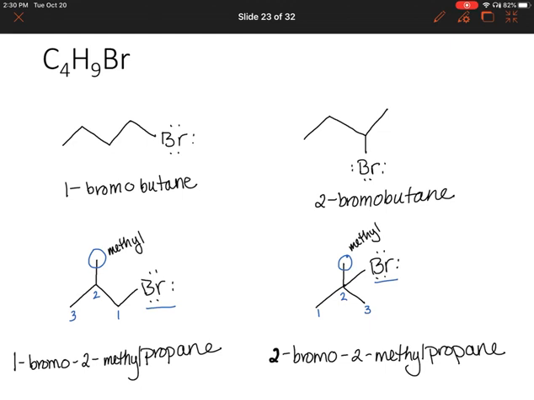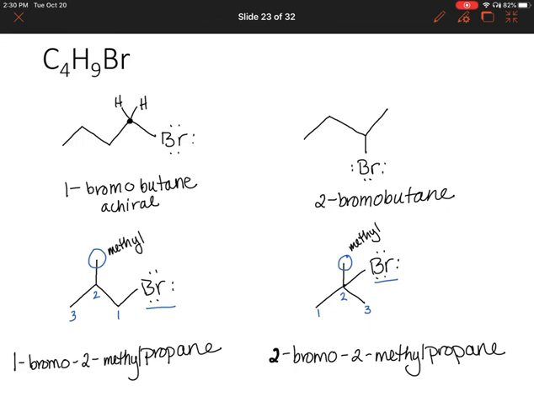We might be tempted to say that this carbon attached to bromine is a stereocenter, but remember it's bonded to 2 hydrogens there, so that disqualifies it. So is that chiral or achiral? It is achiral because it does not have a stereocenter.